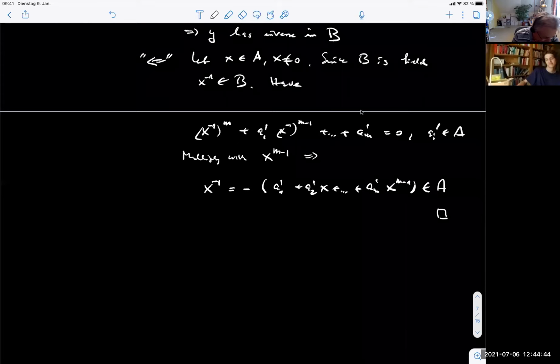Okay, so let's apply this principle from before, corollary 5.8.